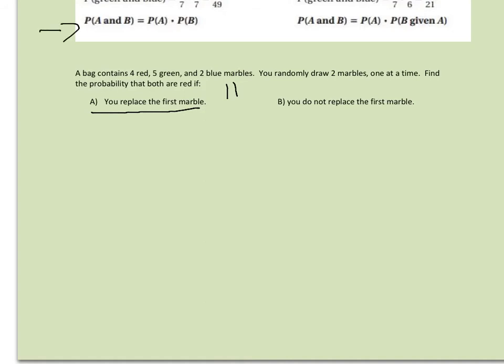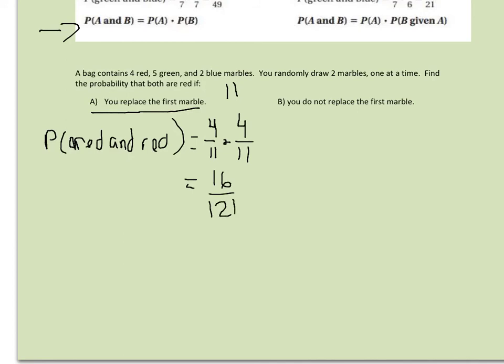So we're looking at the probability of red and red. Well, the probability of getting a red, I have 4 out of 11 times 4 out of 11. So 16 over 121.